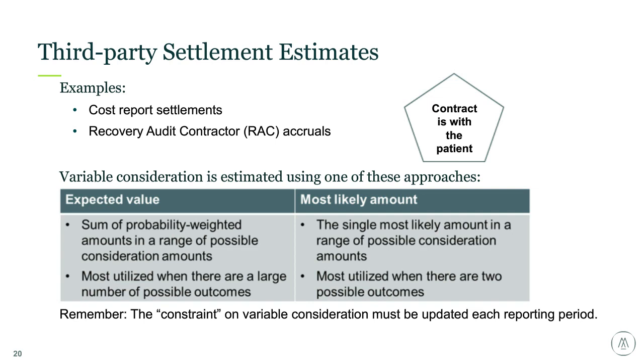And FINREC believes that a significant financing component likely does not exist for third-party settlements because the timing of the payment is at the discretion of the third-party payer and does not involve the patient, that is, the customer. So likely you don't have to incorporate the concept of significant financing component when you're looking at these kinds of things that may take a period of time to settle out.